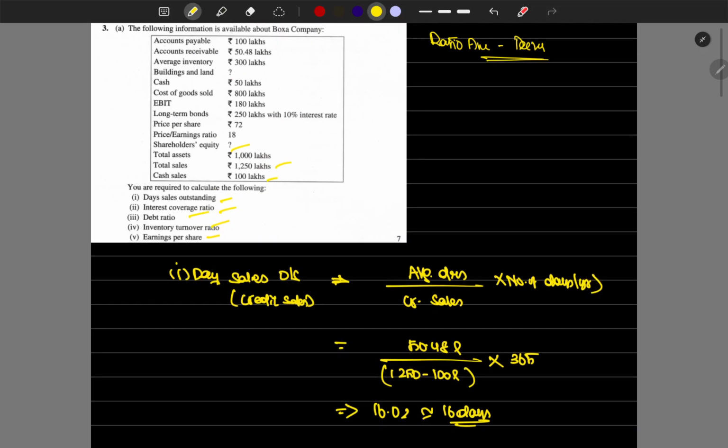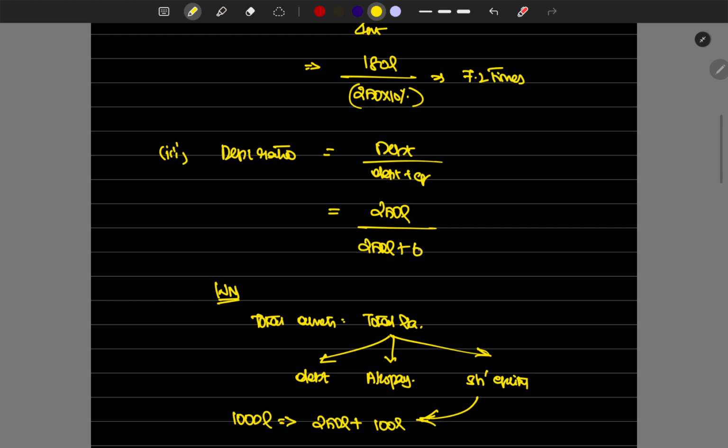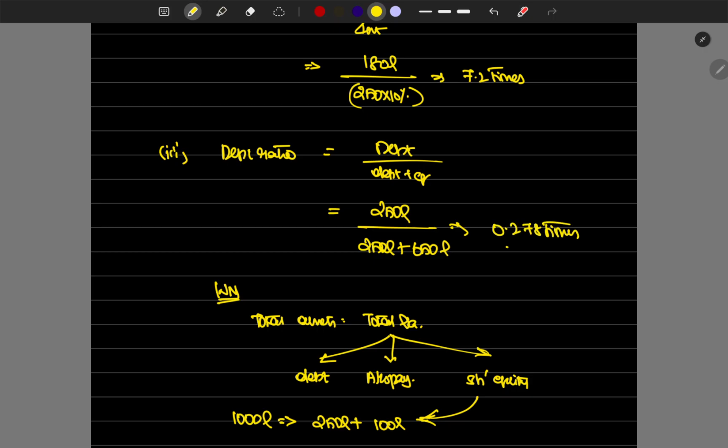Then the debt ratio is 250 divided by 900, which is 0.278 times.